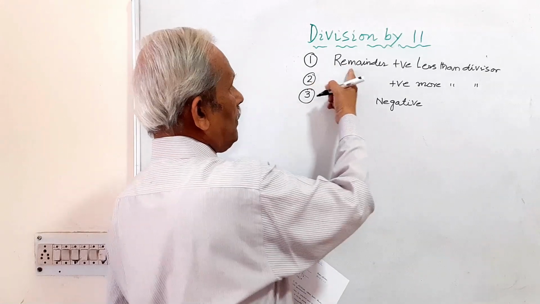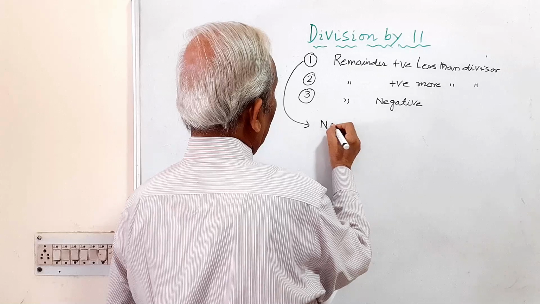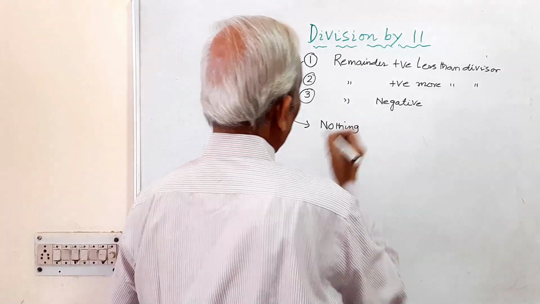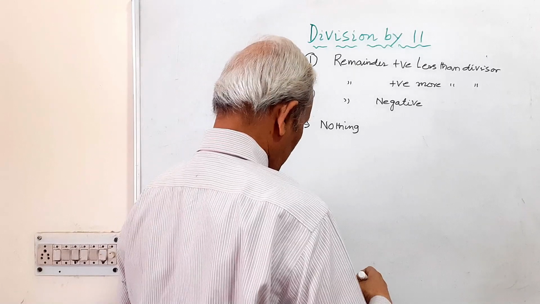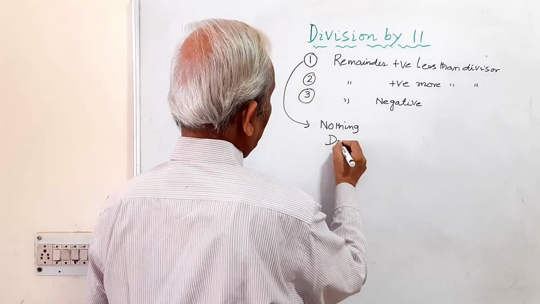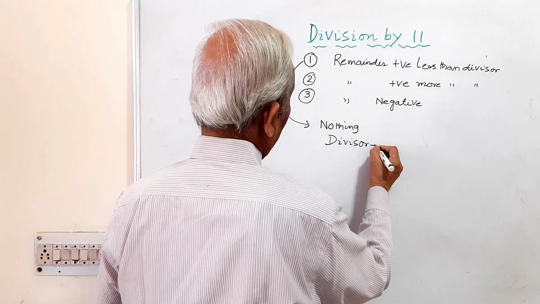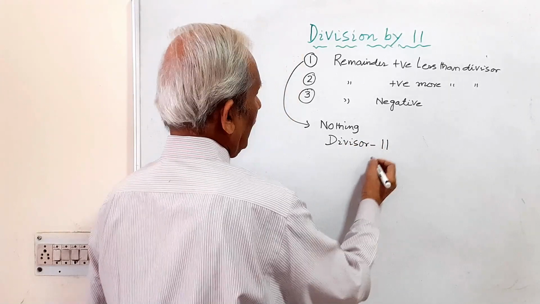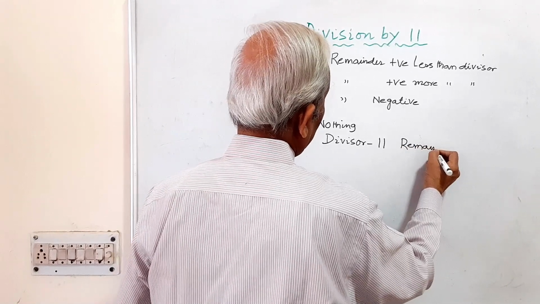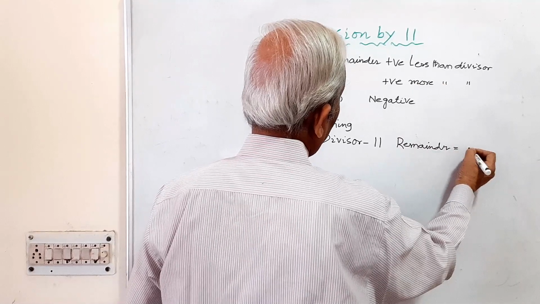The first case, remainder is positive less than divisor, nothing is to be done. It's normal. For example, I'll show an example. Since we are talking about 11, divisor 11, and say the remainder is positive and less than divisor, it's 9.